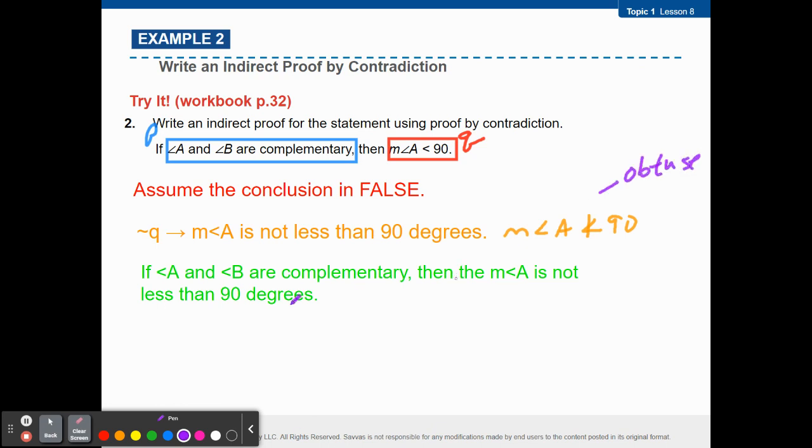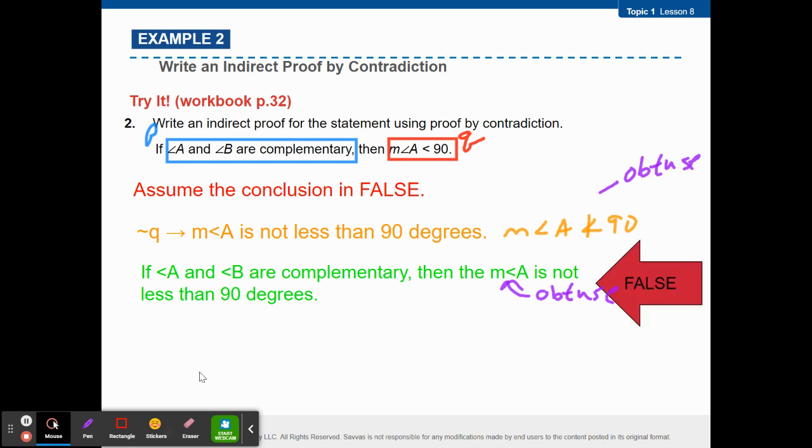So if we're being told that if angle A and angle B are complementary, then the measure of angle A is not less than 90 degrees, we're saying that this is obtuse. Is that true? No. Since it's not true, that's false.